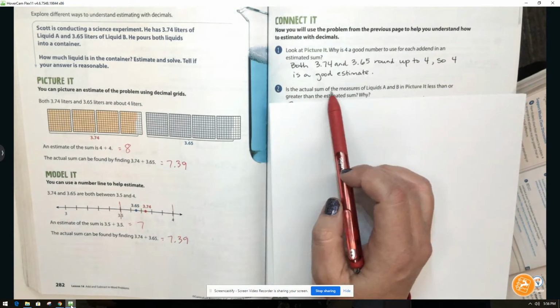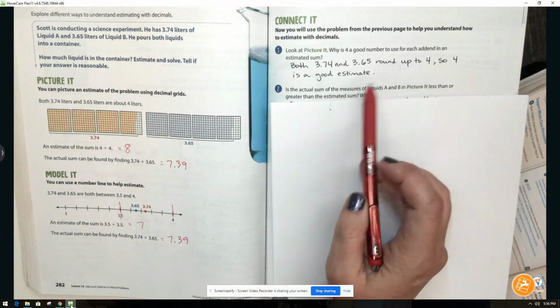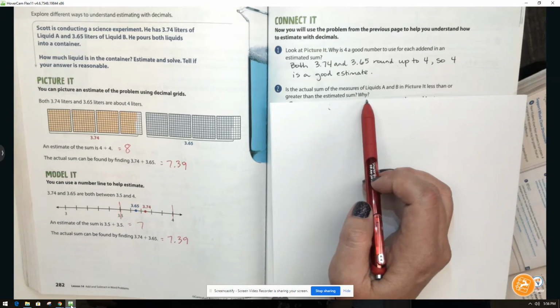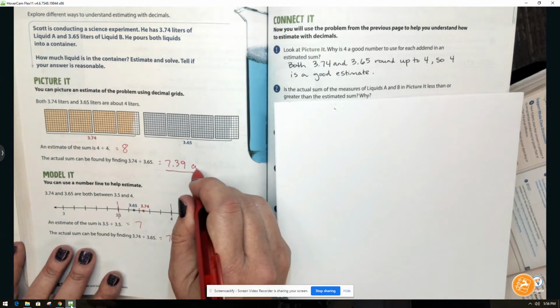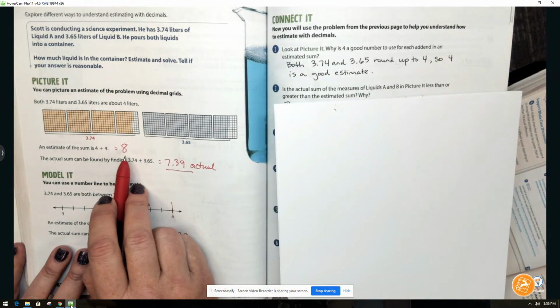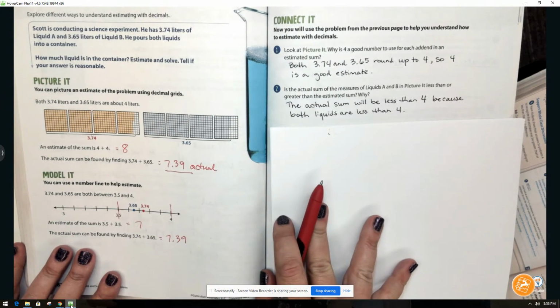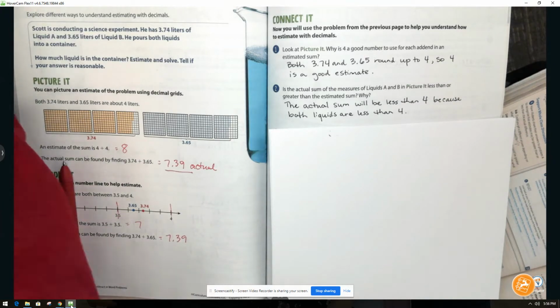Is the actual sum of the measures of A and B, in the picture, less than or greater than the estimated sum? Why? Here's our actual answer, and here's our estimated answer. Our actual sum is going to be less than 8, not less than 4.